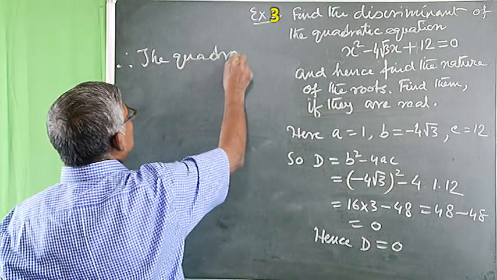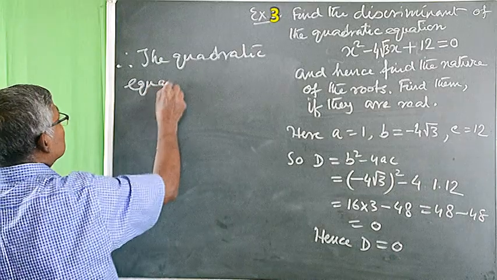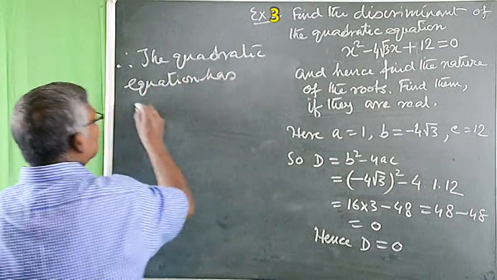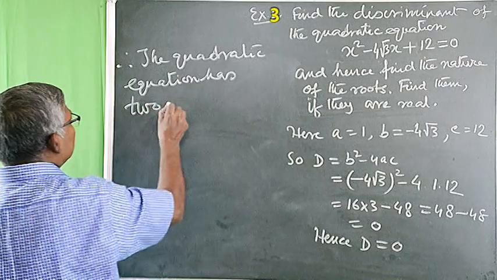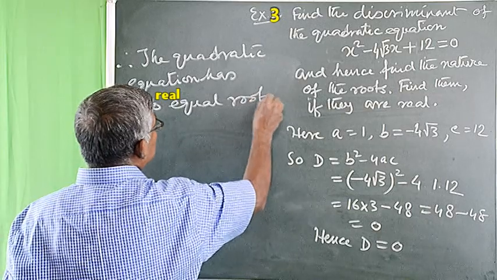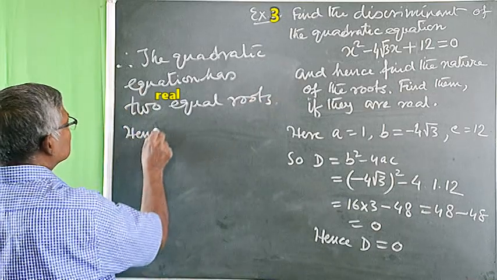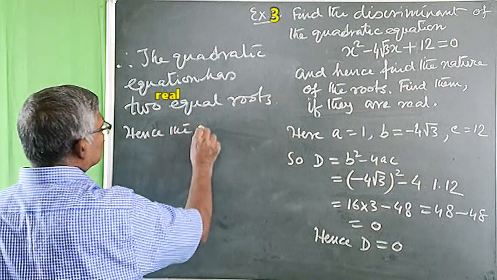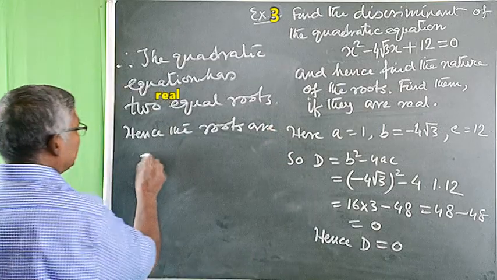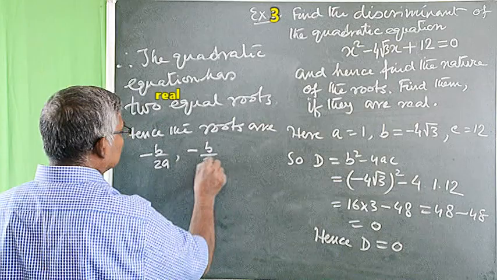Therefore the quadratic equation has two equal roots. Hence the roots are minus b by twice a and minus b by twice a.